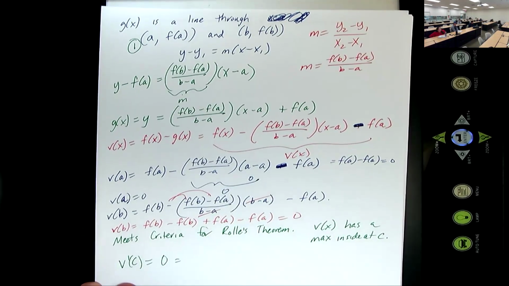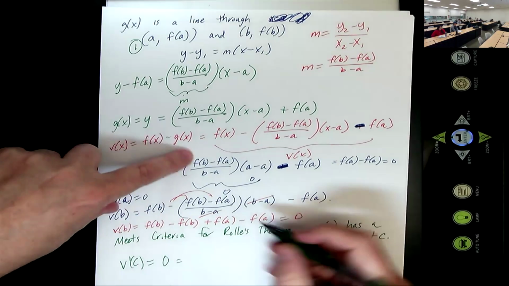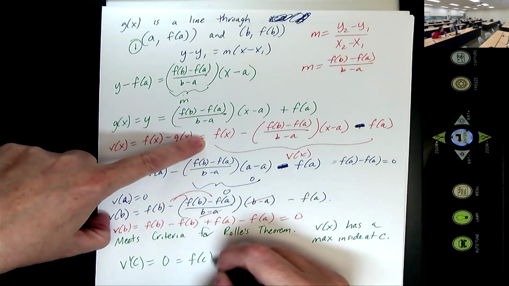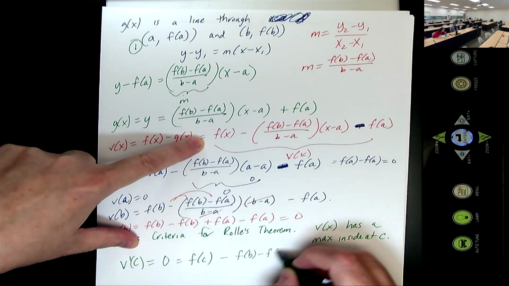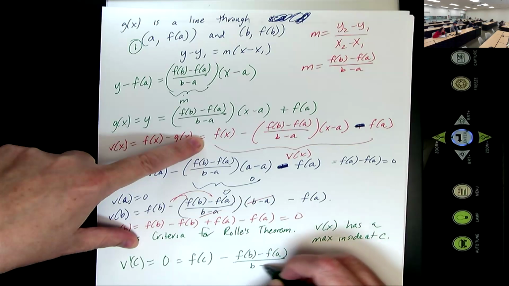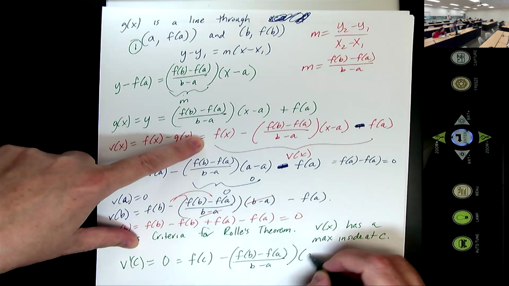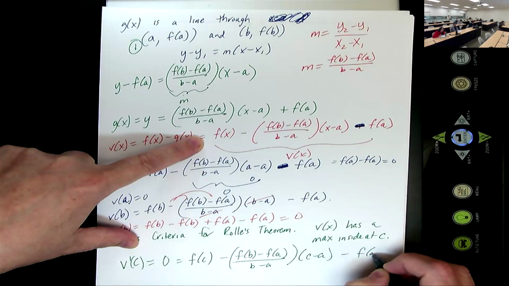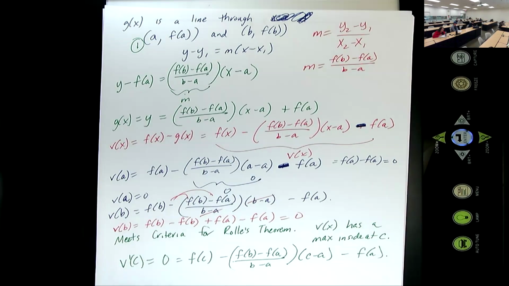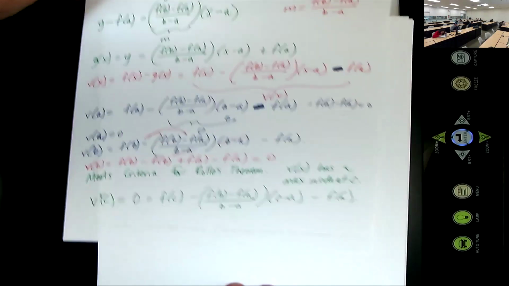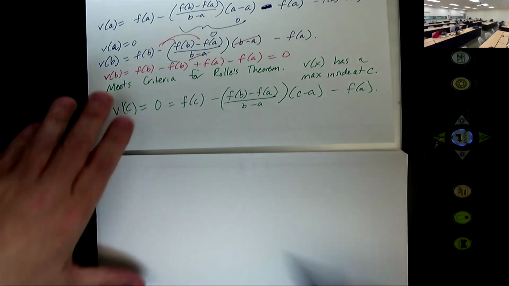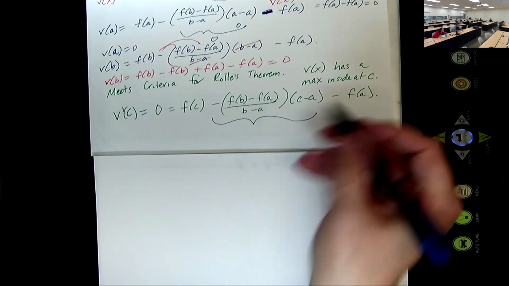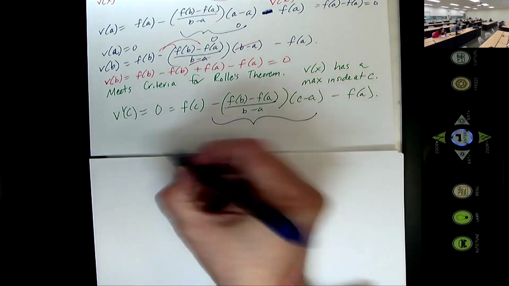But b prime of c is what? We have f prime of c minus f of b minus f of a over b minus a. So I'm going to add this term to the left. Because it's 0, I can add it to both sides.